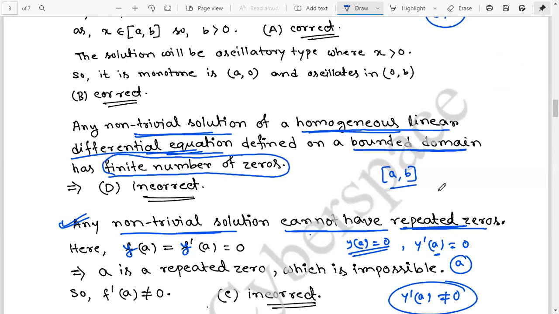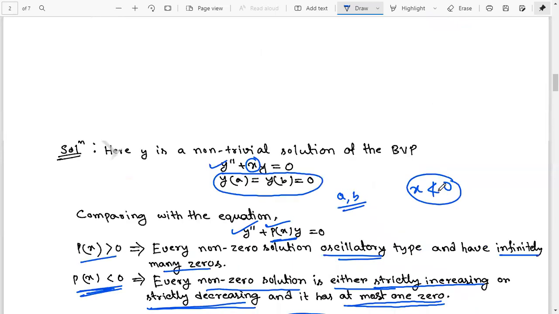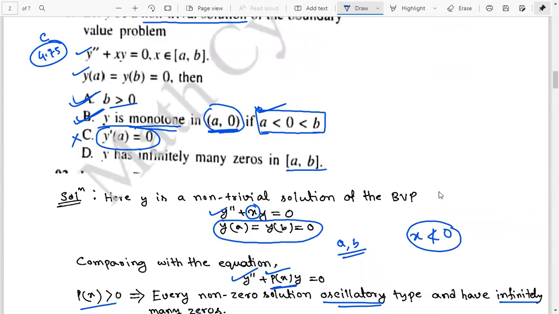Our domain is closed interval [a, b], which is bounded. And option D is saying that y has infinitely many zeros. So option D will be incorrect, right? Okay, next problem.